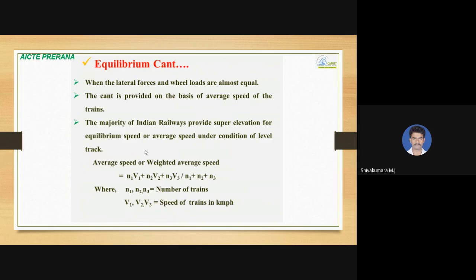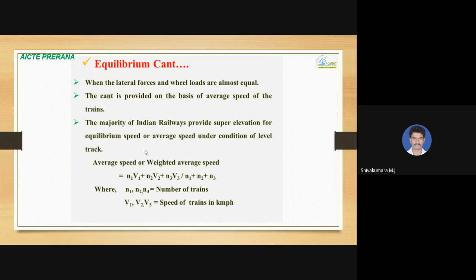And then the equilibrium cant. So when the lateral forces and wheel loads are almost equal, we provide an equilibrium cant. We say that cant is equilibrium cant. The cant is provided on the basis of the average speed of trains. The majority of Indian Railways provide super elevation for equilibrium speed or average speed under the condition of level track.